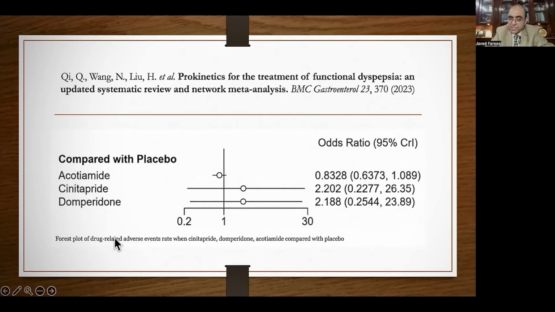Similarly, the drug-related adverse events rate with Itopride, domperidone, and Acotiamide compared with placebo shows that the side effects are not that serious as compared to placebo.